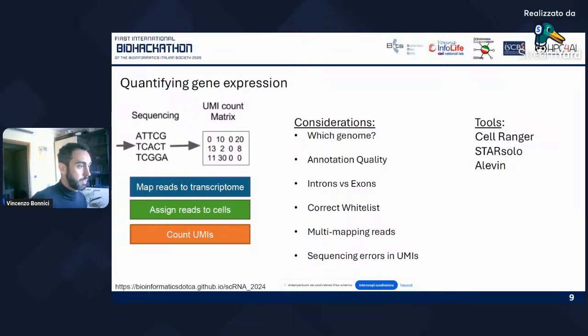Okay. Another question that I think is valid for any type of sequencing that you are performing, even if it's DNA sequencing, is multi-mapping reads. So usually you have reads that map in multiple parts of your annotation, of your genome. Usually we discard the multiple maps, but sometimes they are very useful, and sometimes they help us to understand, probably in this case, that one transcript was low coverage.